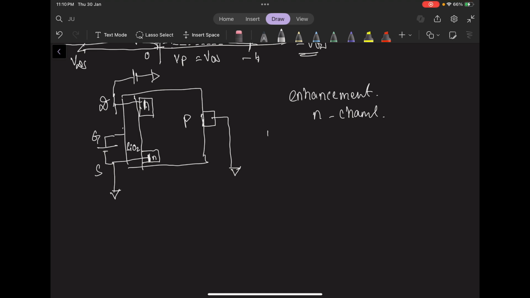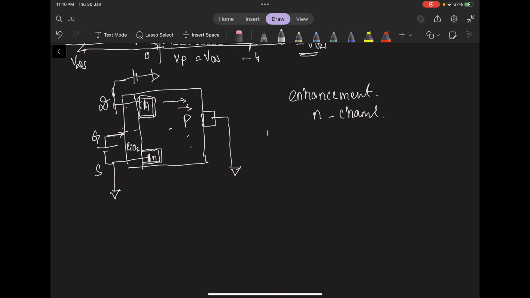Now what happens is, since we are giving a voltage over here, the holes in this P-type substrate are basically repelled by this voltage. So the holes get repelled, right? And similarly, since we're giving a voltage over here, the electrons are repelled by the N-type substrate. So there is a formation of a depletion region along the N-type substrates.